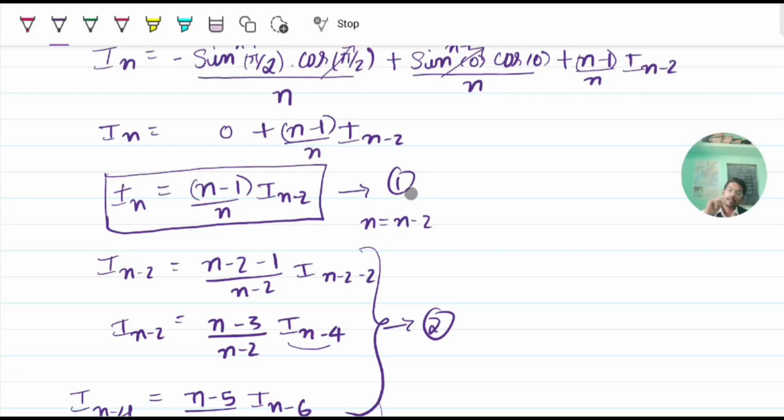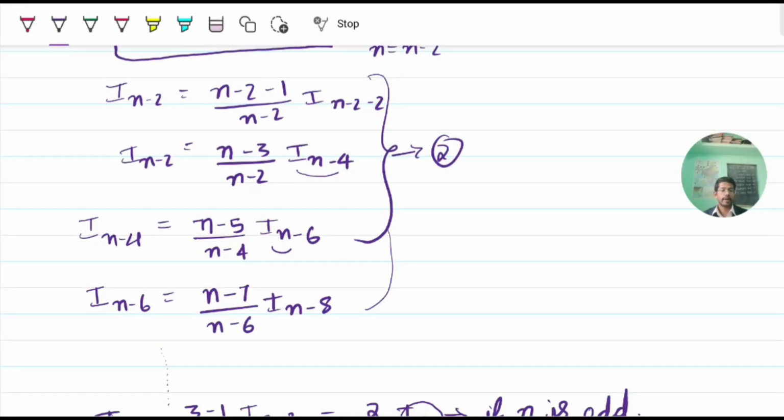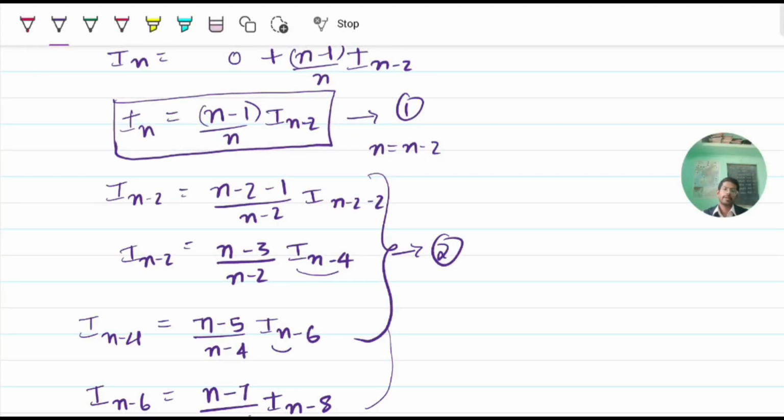That is, I_n is equals to (n-1)(n-3)(n-5)(n-7) in the numerator, and in the denominator n(n-2)(n-4)(n-6).